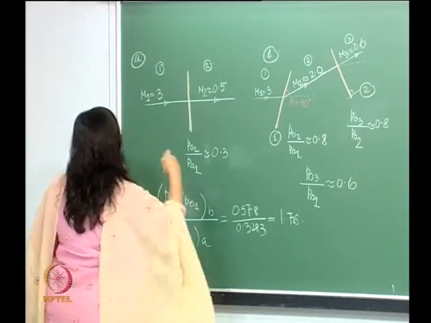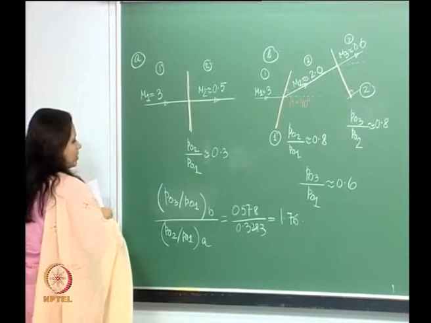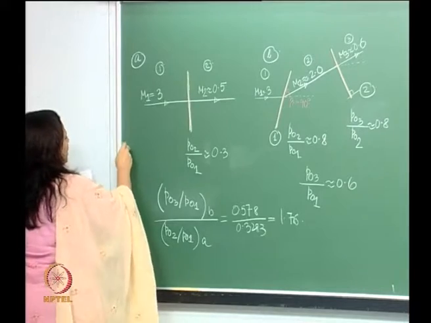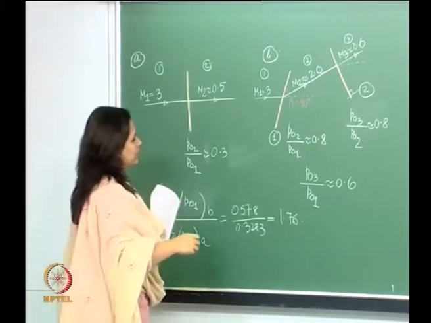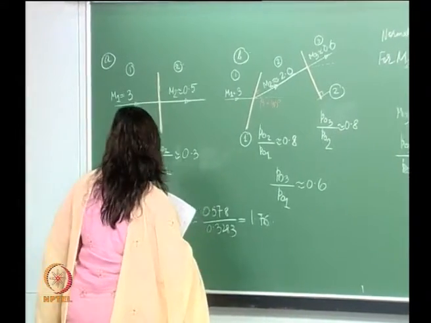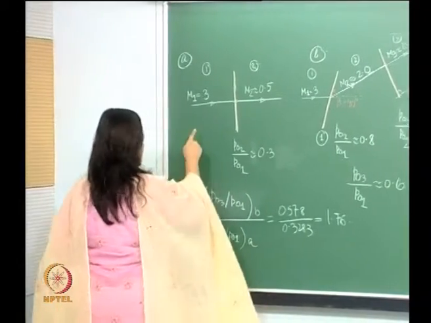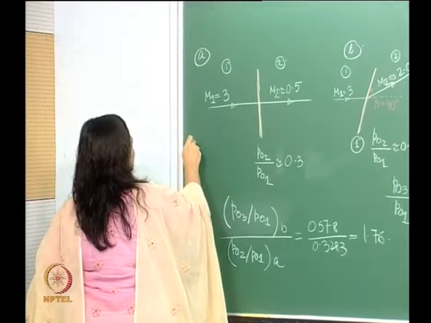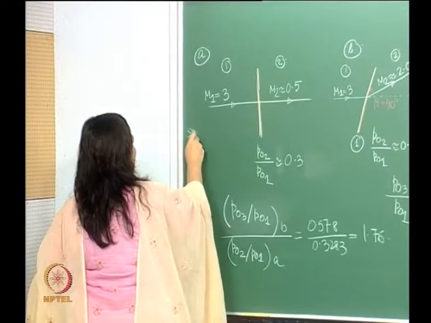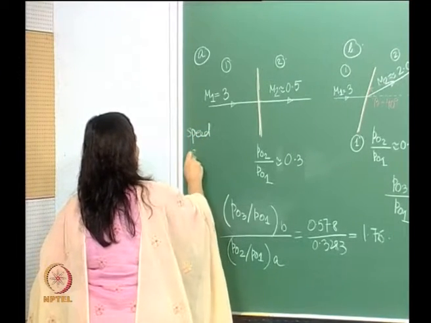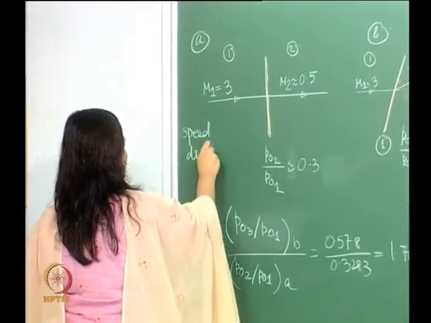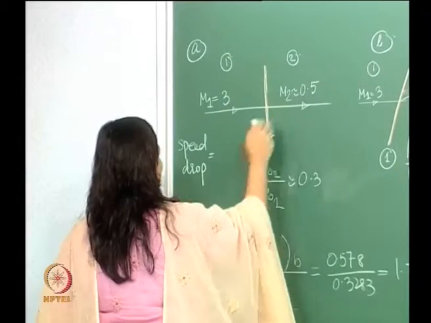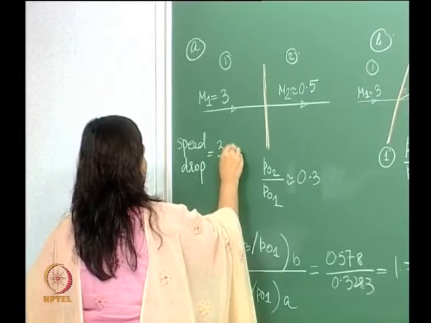So in this particular case, the speed reduction, let's write it over here. Drop in speed is equal to, basically it goes from 3 to around 0.5. So this is it.